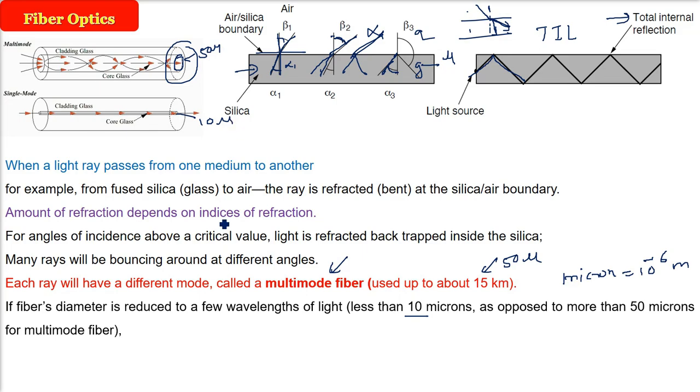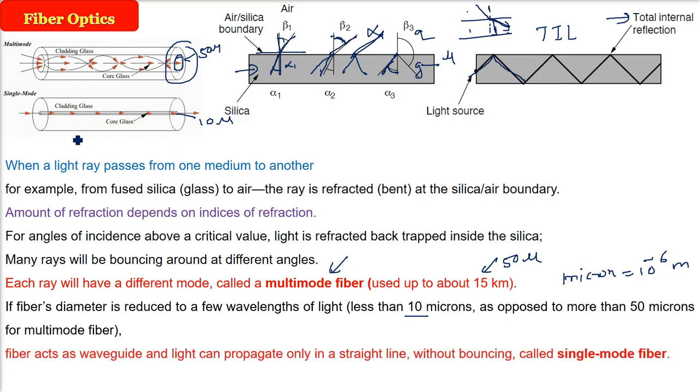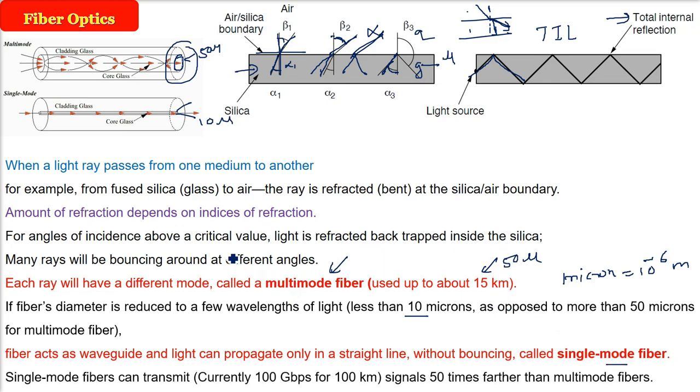That is the wavelength of light figure. So the light will go straight. The fiber or the glass will now act as a waveguide, and the light can easily propagate in a straight line without bouncing like it was happening in the multi-mode fiber. This is called a single mode fiber.